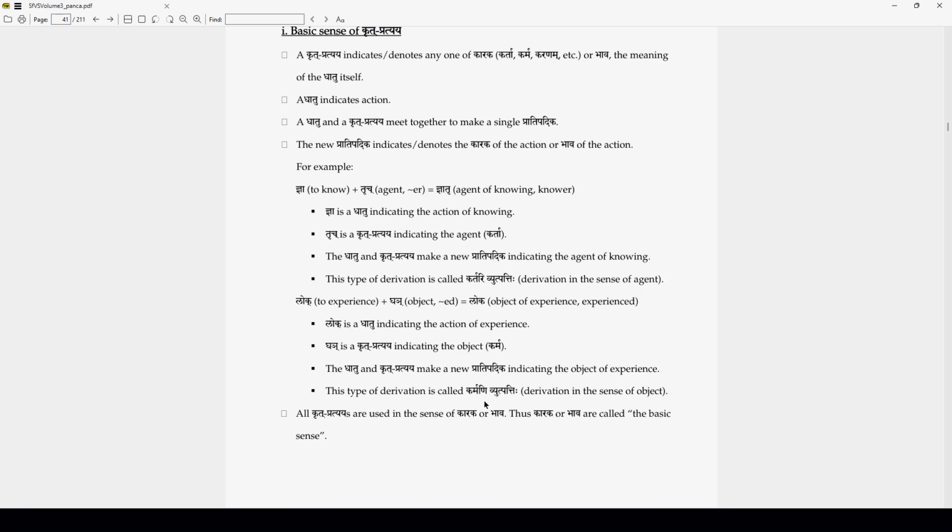Gamanam is the act of going. Bhava. Now, what are the karakas here? Karakas could be kartru, karma karaka, karana karaka, etc. So in different karakas also, when certain krit pratyayas are added to dhatus, the meaning of those karakas can be conveyed. We'll see some examples.